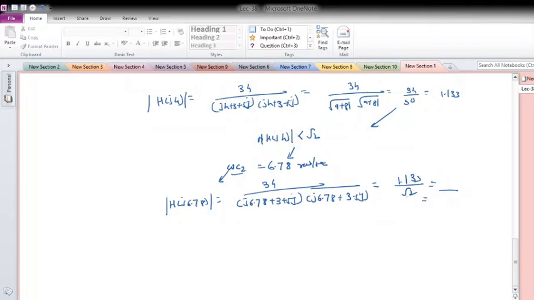This much is the magnitude at the second cutoff frequency, which is omega C2. So this way we can solve the circuit, or find out the parameters of the single tuned circuit.